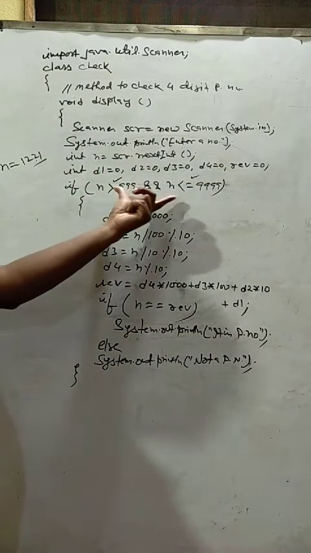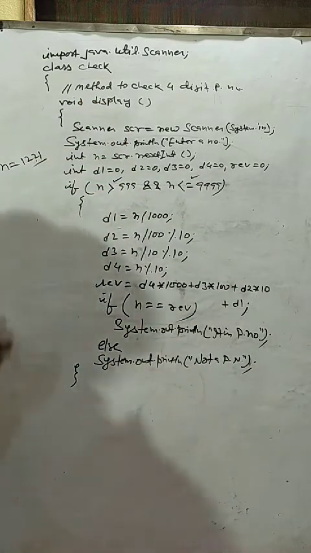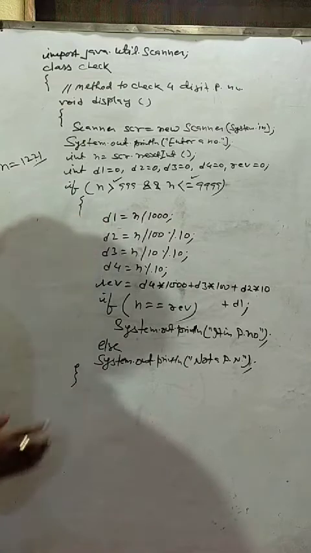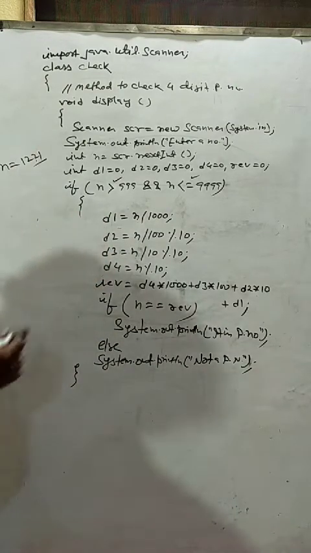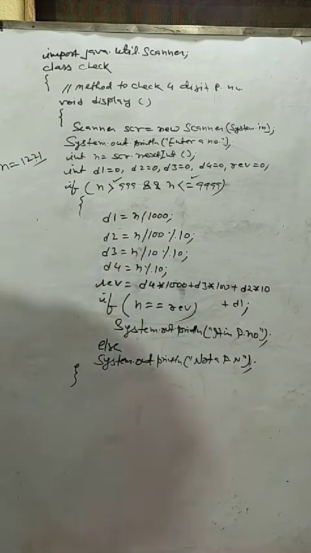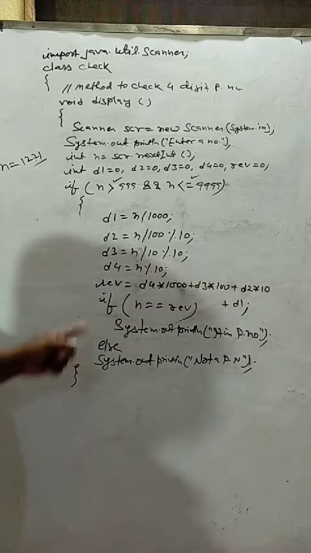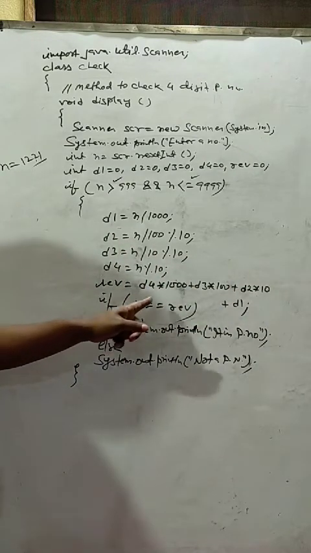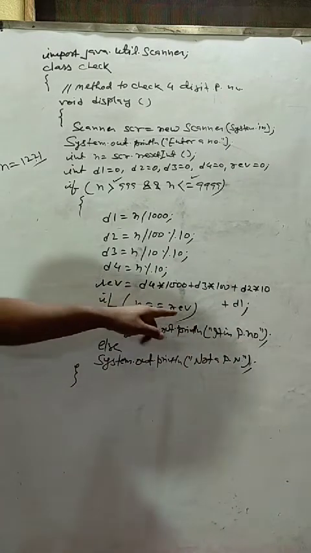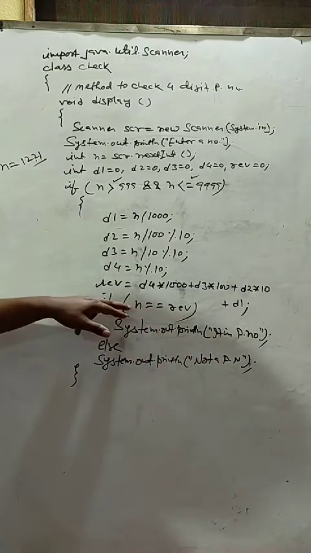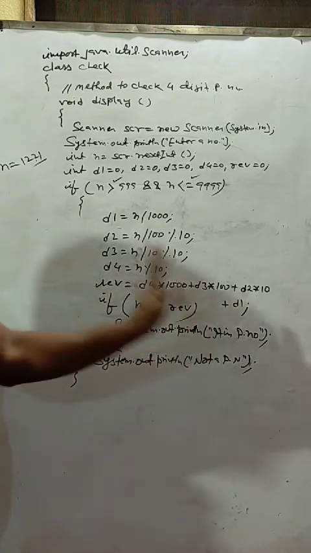If this condition is true, control moves inside the if statement, and inside it we will extract all the digits in 4 different variables, that is d1, d2, d3 and d4. After extracting, we will find the reverse, and again we will check if n is equal to reverse, the number is palindrome. Else, if n is not equal to reverse, the control moves to else and prints not a palindrome number.